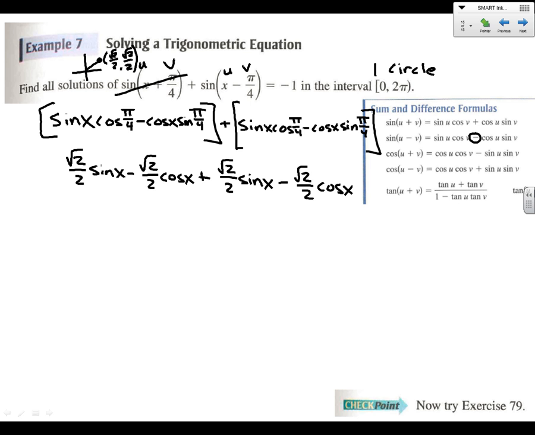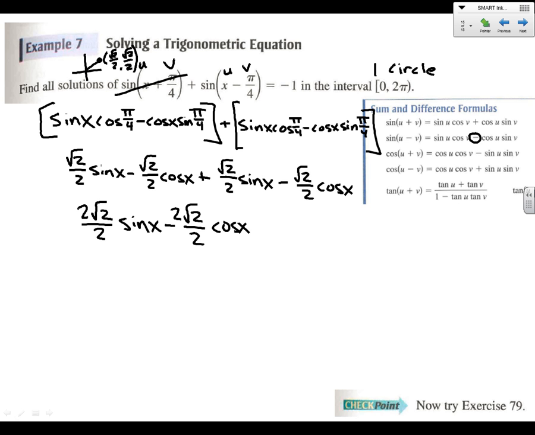And so now we've got root 2 over 2 plus root 2 over 2 is 2 root 2 over 2 sine x minus, sorry, 2 of them, 2 root 2 over 2 cosine x.